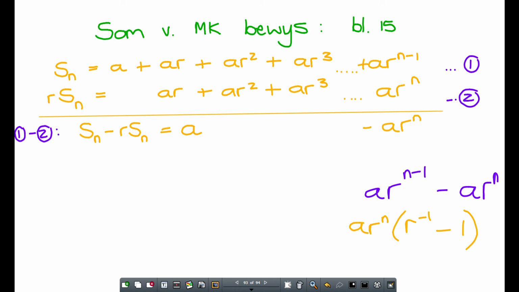Something I'm missing here. R mag nie wees 1 nie. Sê weer, as daar nie tot die mag 2 is nie. Onthou hierdie breek jy mos op. Dis R tot die mag n, maal R tot die mag minus 1.